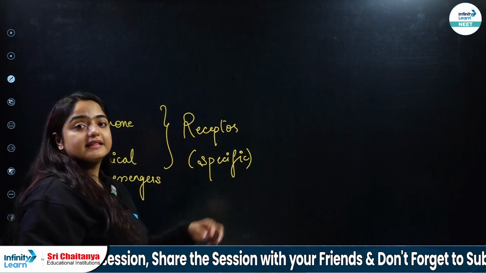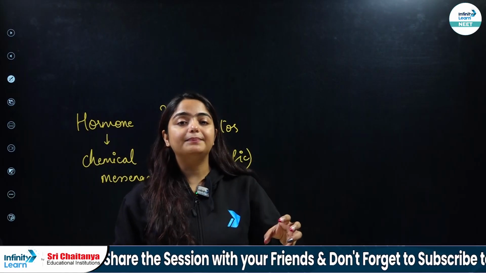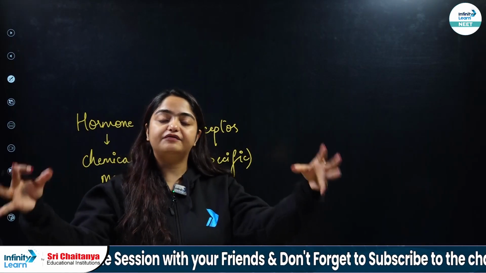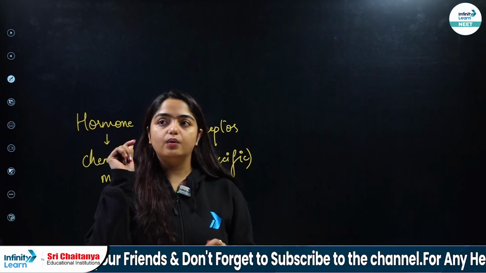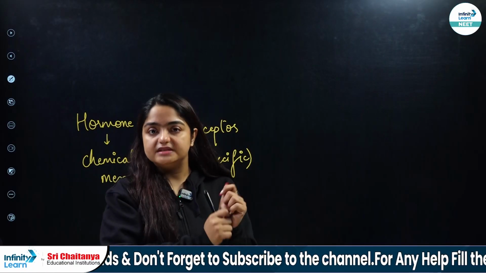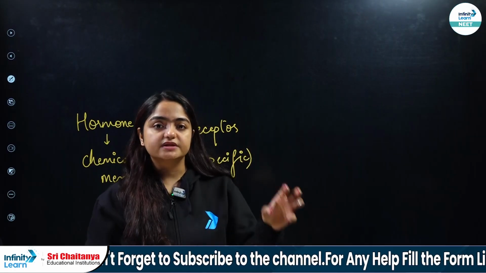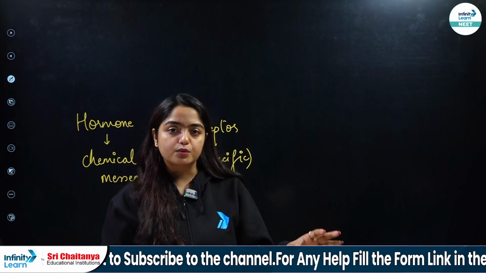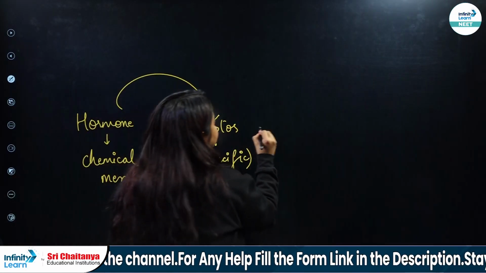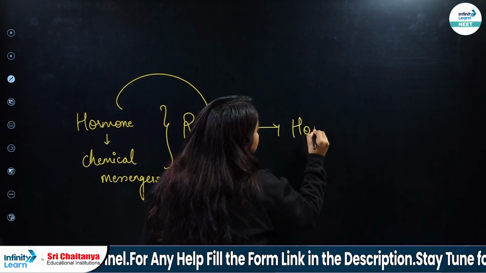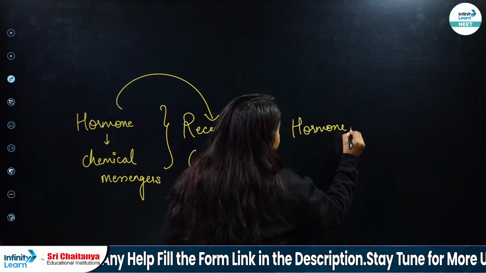It means that a receptor will only bind with a specific hormone. Not every hormone can come and bind with any sort of receptor. No. Just like how a specific key can open a specific lock, in the same way, the receptor is going to bind with a specific hormone only, okay? And once the hormone binds with the receptor, they make the hormone-receptor complex.